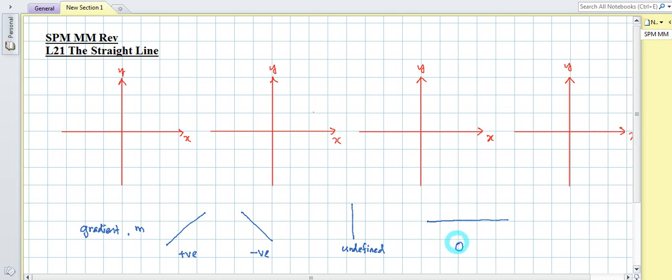Okay, so normally we will use two formulas to calculate the gradient of a straight line. So m is equal to y2 minus y1 divided by x2 minus x1. Or we can also use this formula: negative y-intercept divided by x-intercept.